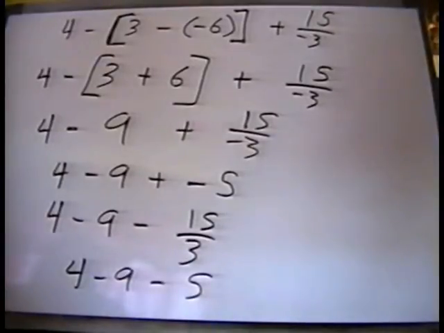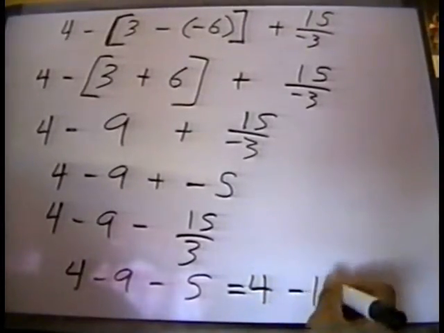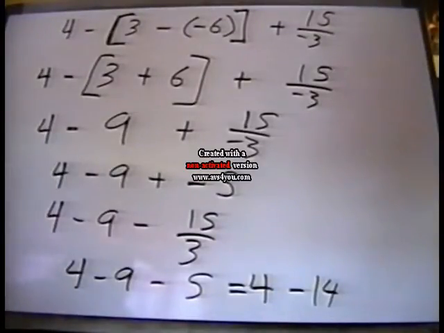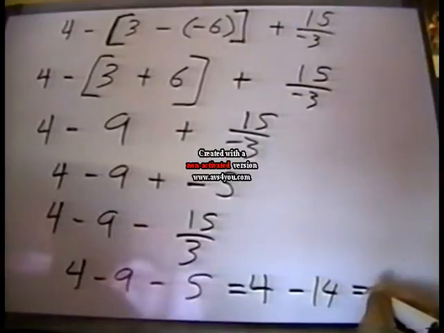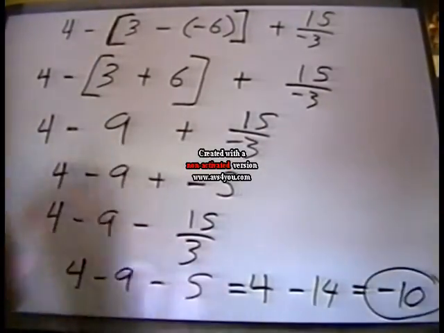These are all equivalent. Now 4 here is the only positive number. So just add 9 and 5 first, and then attach a negative sign to it. 9 plus 5 is 14. So that gives you 4 minus 14. Okay? 4 minus 14. That's going to give you a negative 10. And therein is your answer.